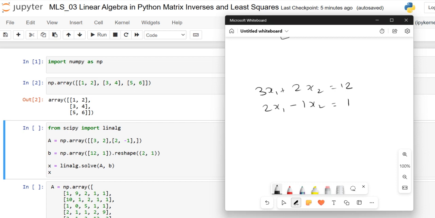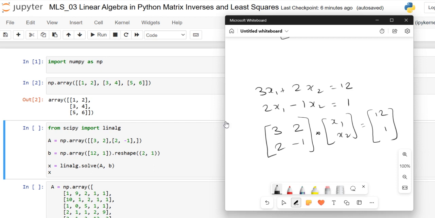It's common to write a linear system using matrices and vectors. For example, you can write this exact equation as a matrix product. You write 3, 2 and 2, minus 1, and we are going to multiply it with the vector.